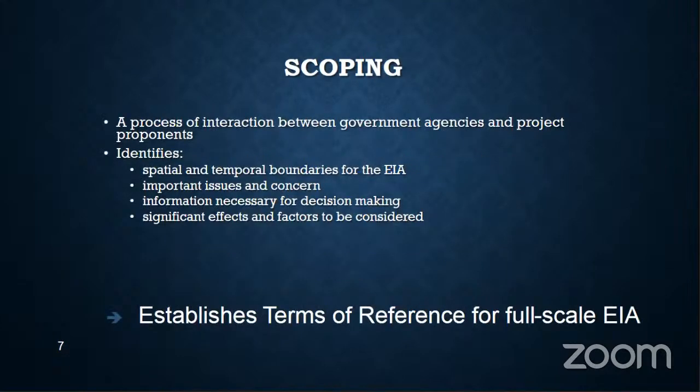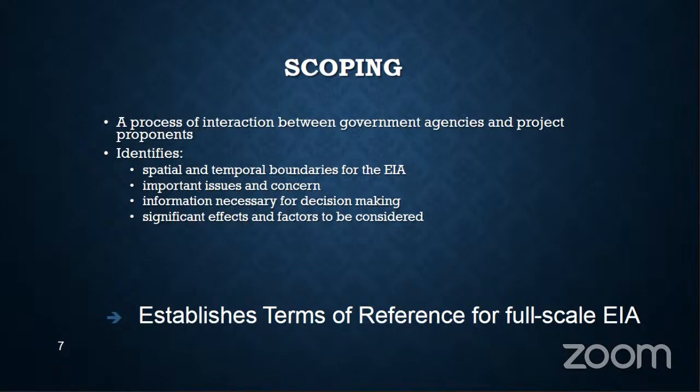In the environmental impact assessment, the next step is the scoping. Here we need to define the scope of the impact. This is a process of interaction between government agencies and project proponents. The project proponent has to define the scope of the impacts, which identifies spatial and temporal boundaries for the EIA, important issues and concerns, information necessary for decision making, and significant effects and factors to be considered.